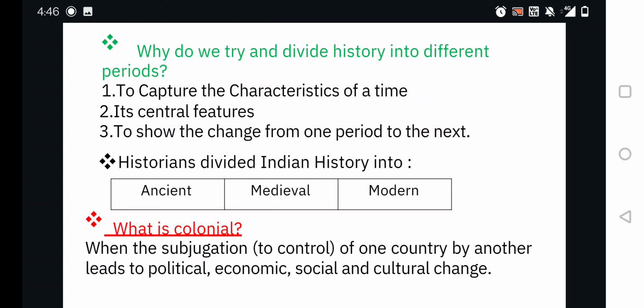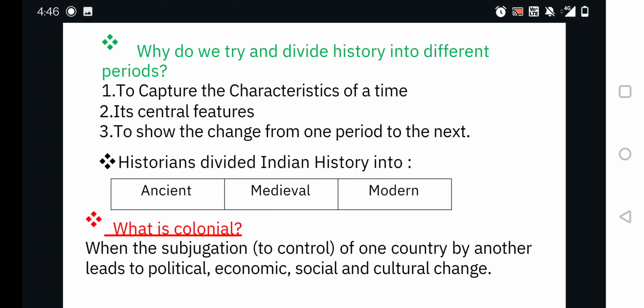That's why we do periodization, to show the change from one period to the next. I told you there will be a transition period, and that transition is the line where you see the other time period start. So this is how we divide Indian history, or we periodize the history or any event.